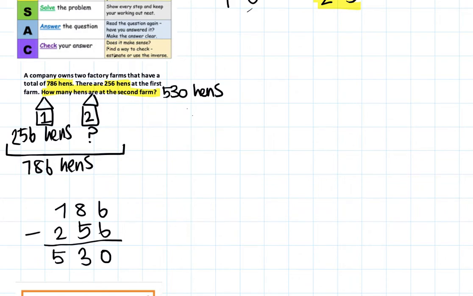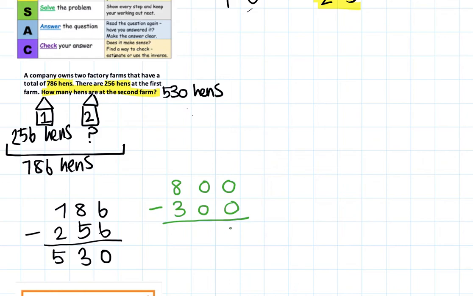Alright, my second file. Okay, check your answer. Does it make sense? Find a way to check. So we can estimate or use the inverse. So I'm going to estimate by rounding my numbers up to the nearest hundreds. Okay, so if I have the number 786, I'm going to round that up to 800, take away, and round 256 up to 300, and do the same thing, take away. 0 minus 0.